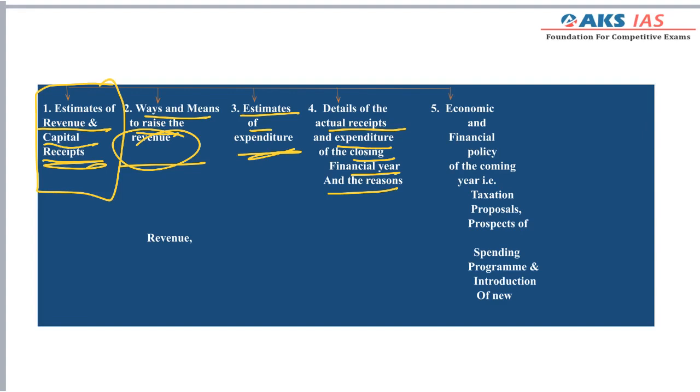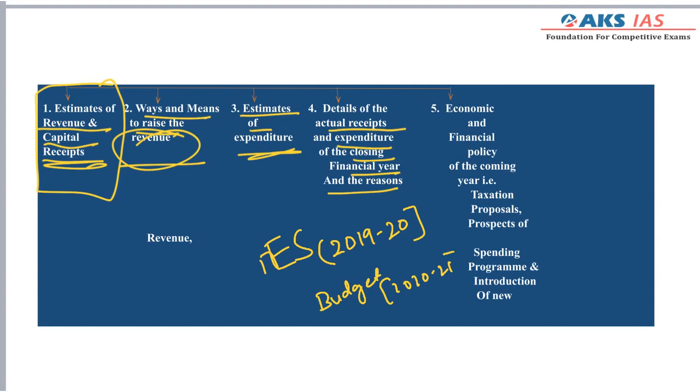That's why, before the day of the budget, we usually get to see the Economic Survey. The Economic Survey talks about 2019-20, right? That is the previous year's thing. Whereas the budget comes as 2020-21, right?